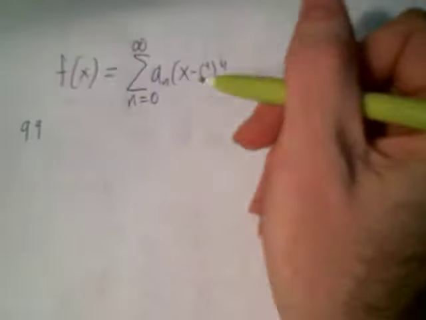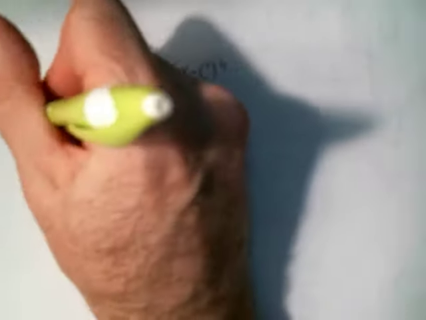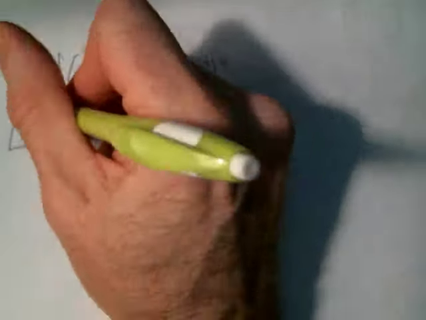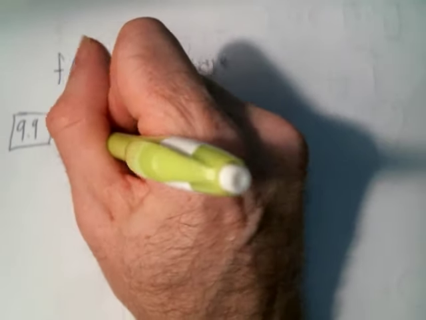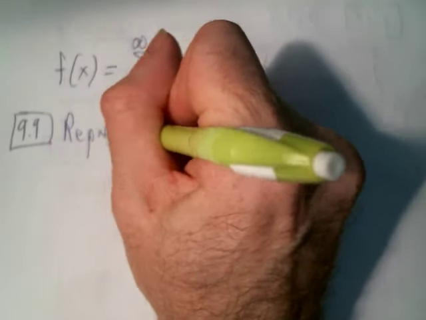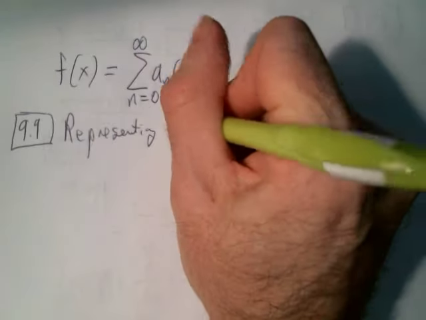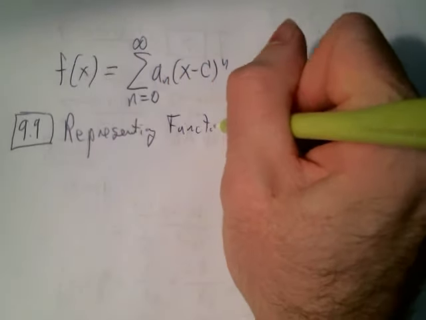Okay, so the way we're going to connect the dots is to do this backdoor thing using the geometric series. So, representing functions by power series.